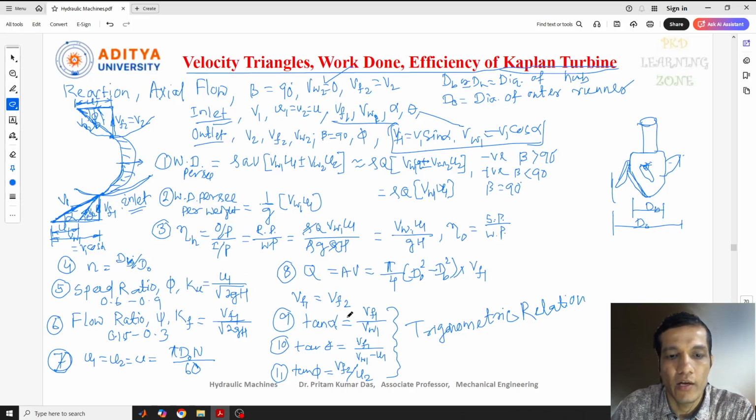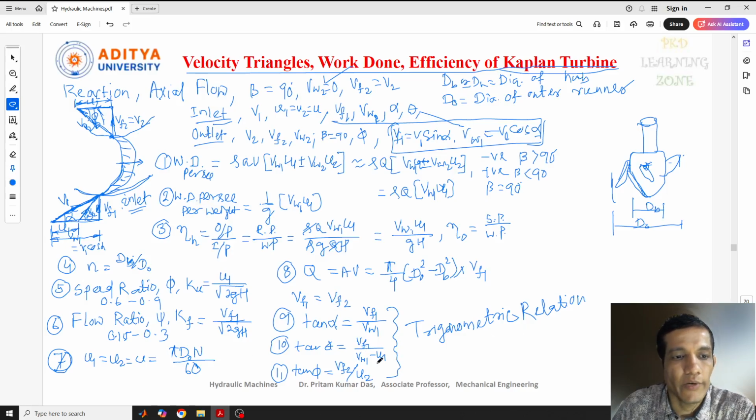Suppose in the question only one velocity and an angle are given, then, as I already told you, VW1 equal to V1 cos alpha. V1 given, alpha given means we can calculate VW1. Similarly, alpha given, V1 given, VF1 also can be calculated. If somewhere alpha is not given and some other angle, theta, is given, then again we need to see this relation.